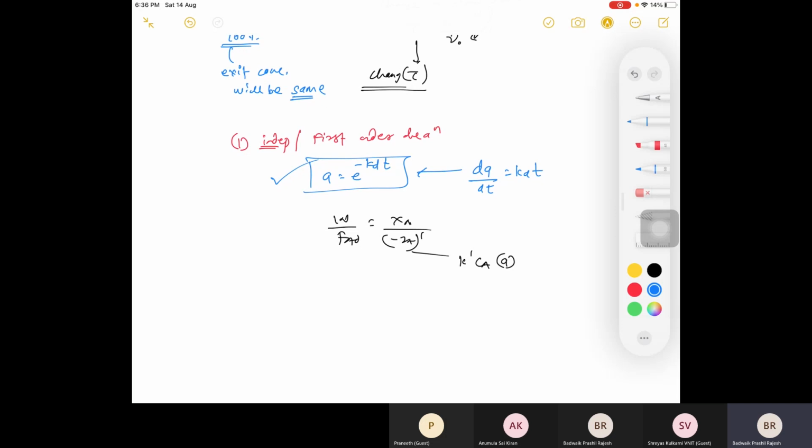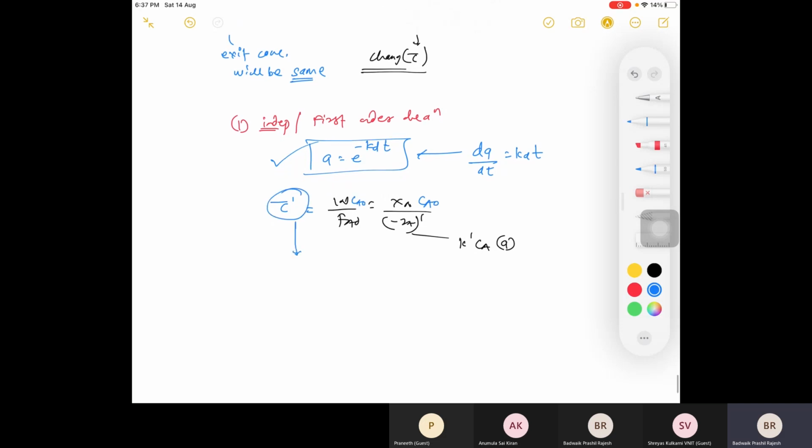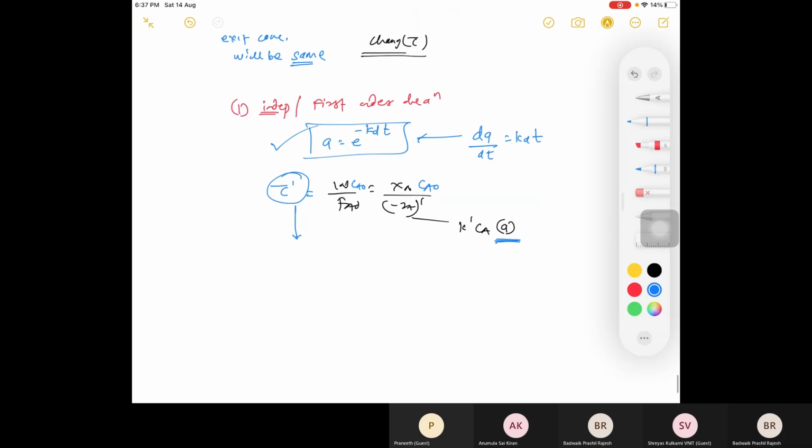Okay, and if I convert this equation into tau, so what is that? I multiply by Ca naught, then I'll be having tau. Now please calculate how tau will change with respect to time by substituting A. Here also n is equal to 1, n means order of reaction.